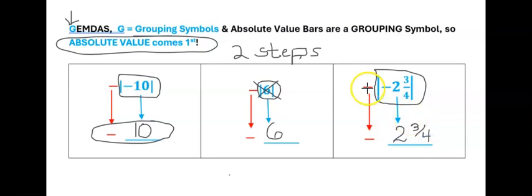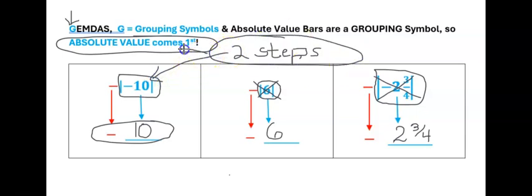And then outside the absolute value bar, that's all cleaned up. This negative sign comes down in front. So that's how you would simplify problems that have absolute value in them and other operations going on as well. This is 2 steps because there were 2 things to do. First, you had to take the absolute value. Second, you had to take the opposite of that. So this is a 2-step problem, and we funneled it to show how things were working.